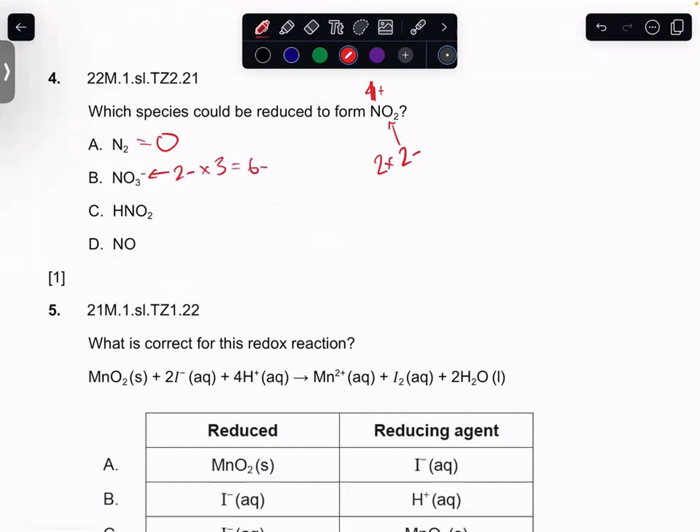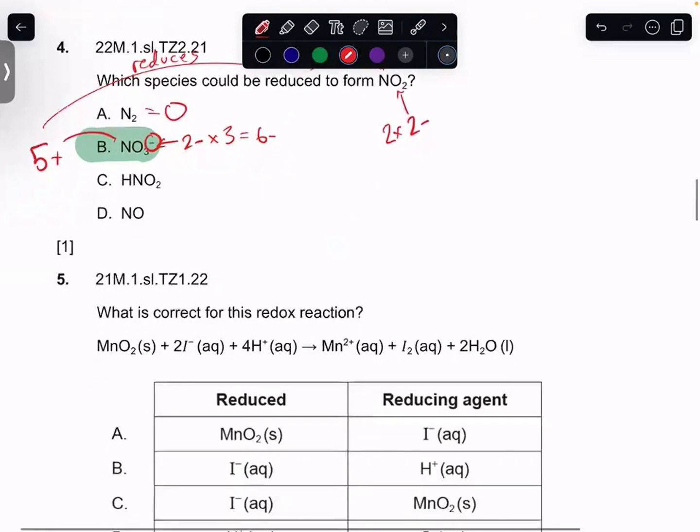That's a total of 6 minus. The overall thing has a charge of negative, therefore meaning nitrogen must be 5 plus, because 5 plus and 6 minus make a total of 1 minus. So there's our answer. It's B. B starts at 5 plus, and then it reduces to form 4 plus.